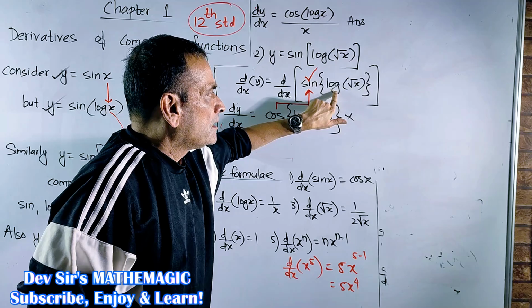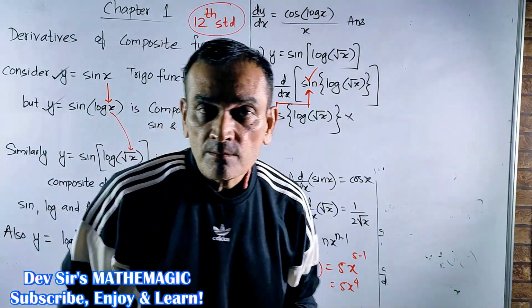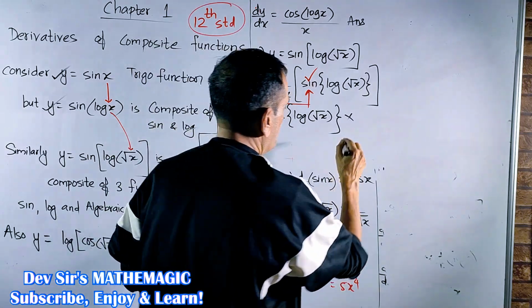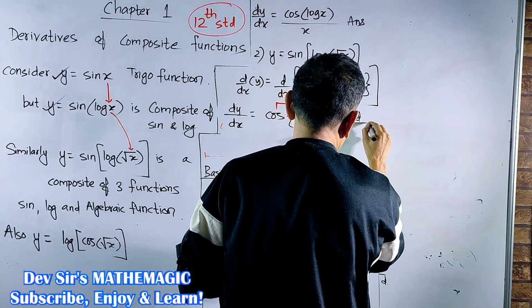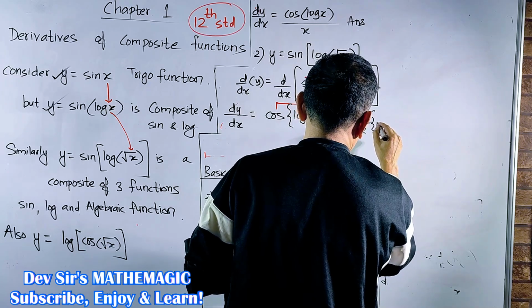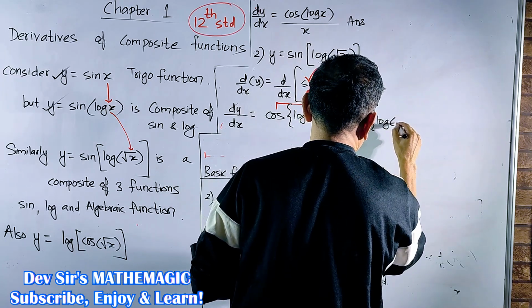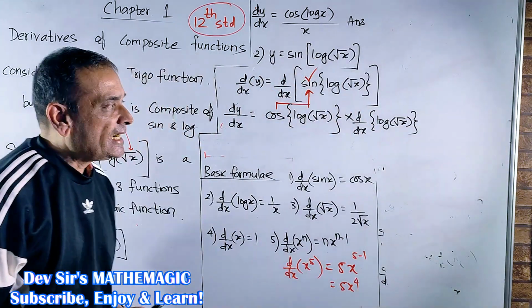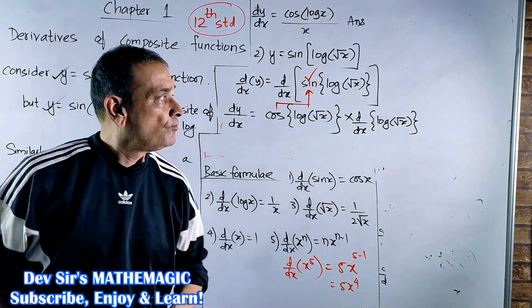व्हाट रिमेन्स? लॉग ऑफ रूट एक्स रिमेन्स. You have to take the derivative of that. D by dx of log of root x.